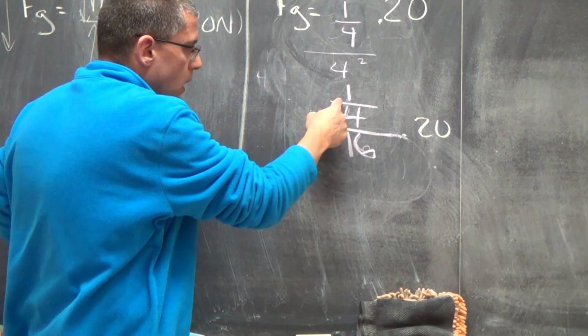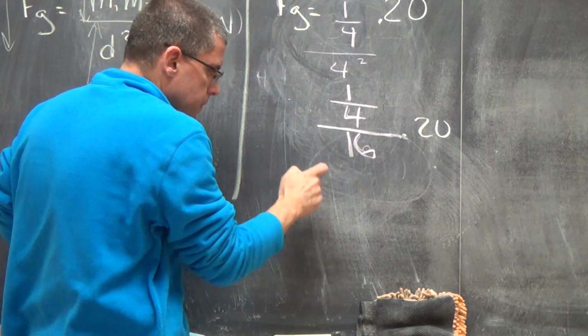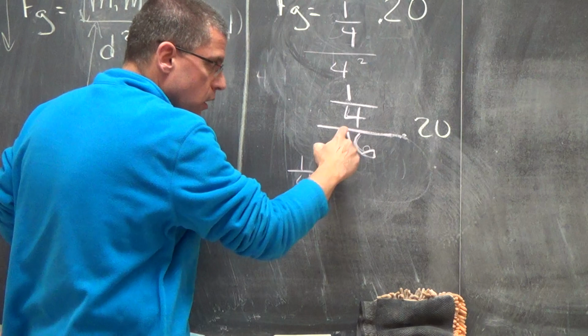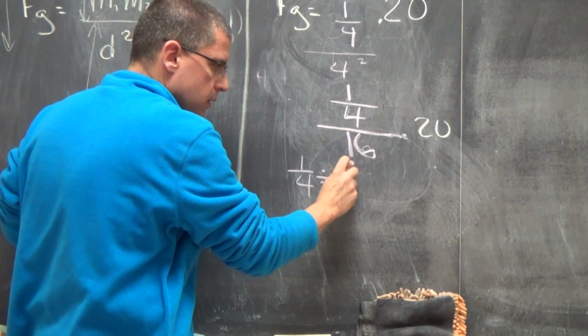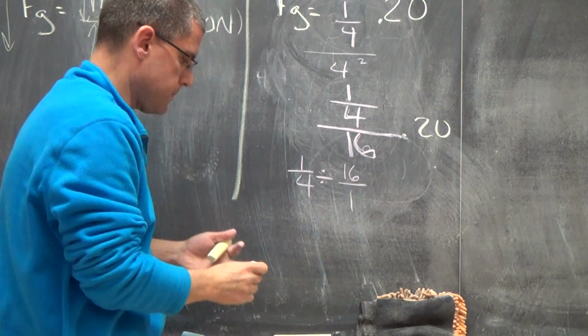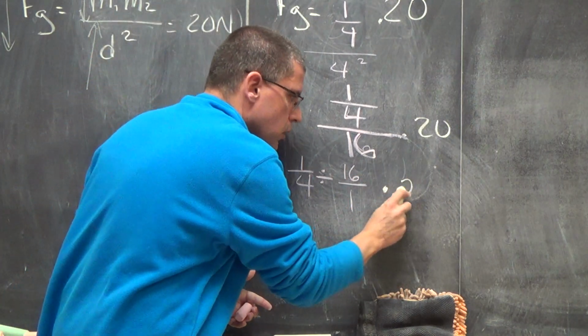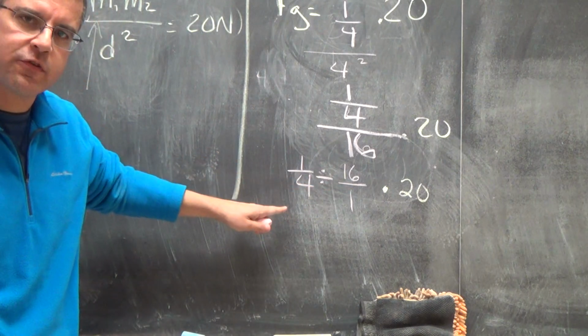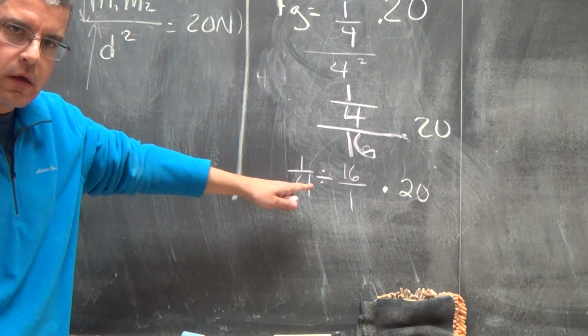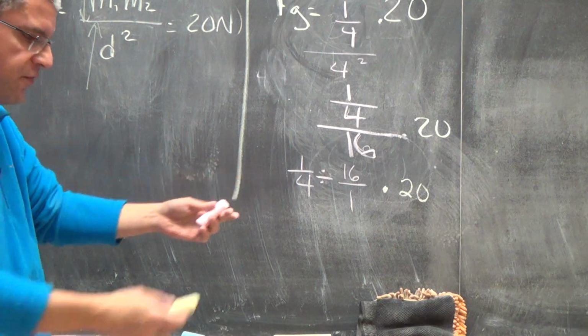So watch this. I'm going to bring this up. 1/4, rewrite it. 1/4 divided by 16 over 1 times 20. You know from way back when you can't divide fractions like that. You just can't leave it like that. A previous teacher said this, and I think it sticks.